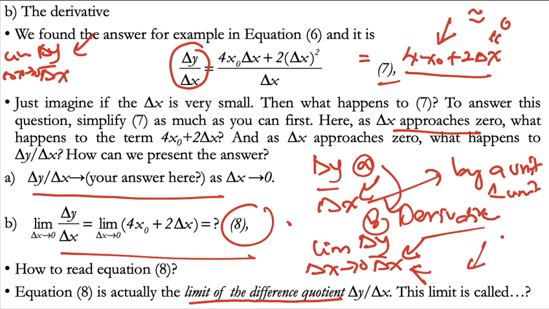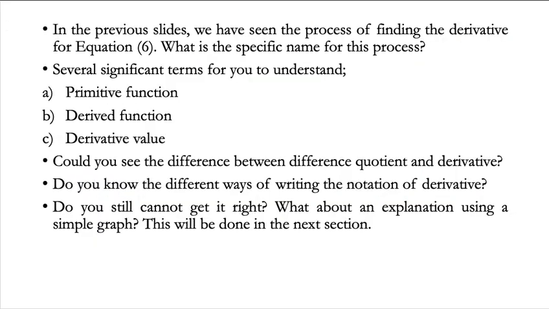Now, we have seen the process of finding the derivative for expression 6 just now. All have been explained. But there are some very important terms that you need to understand here. Look here, we have the primitive function, we have the derived function, and we have the derivative value. So what is the primitive function in our analysis here? The primitive function is the original function.